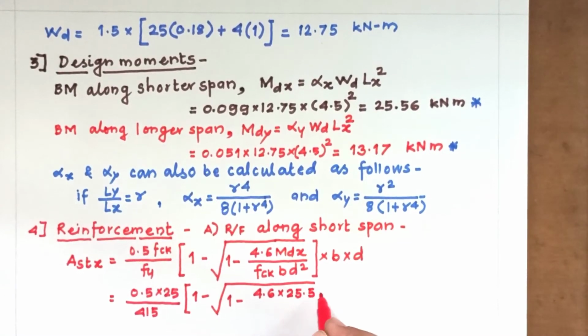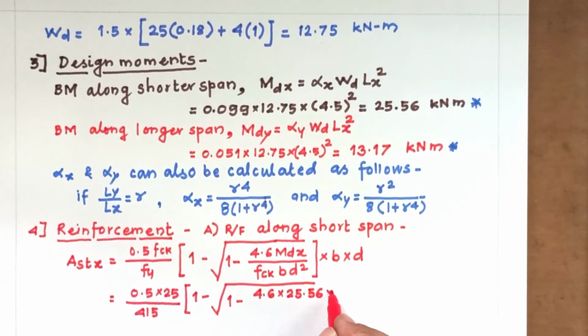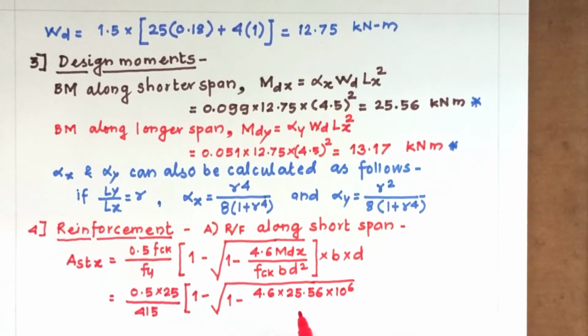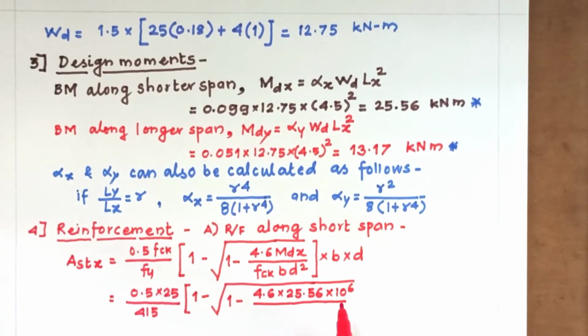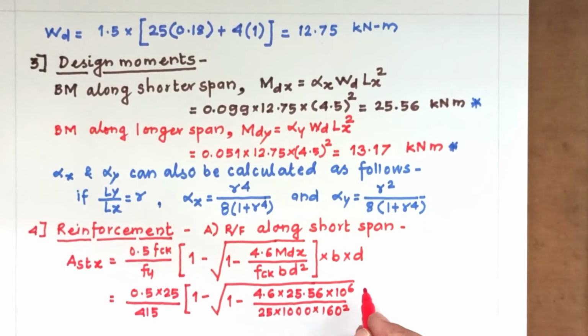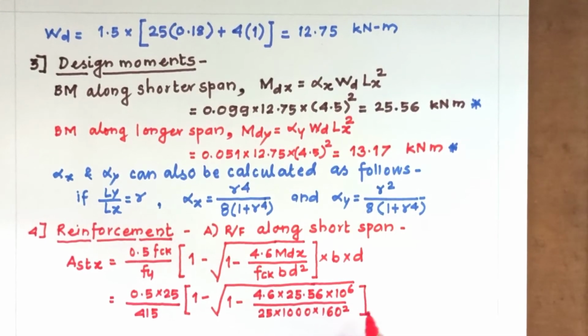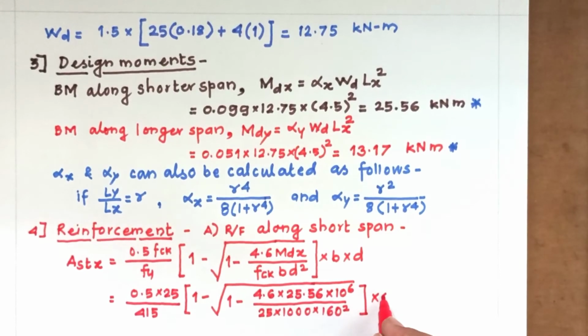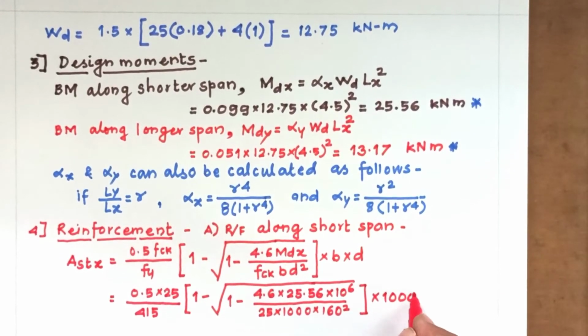Mind well, it is in kilonewton meter, so it must be converted into Newton mm, that is multiplied by 10 raised to 6 divided by, again, fck means 25, b means 1000, and d square means 160 square, bracket complete, into b into d, that is 1000 into 160.